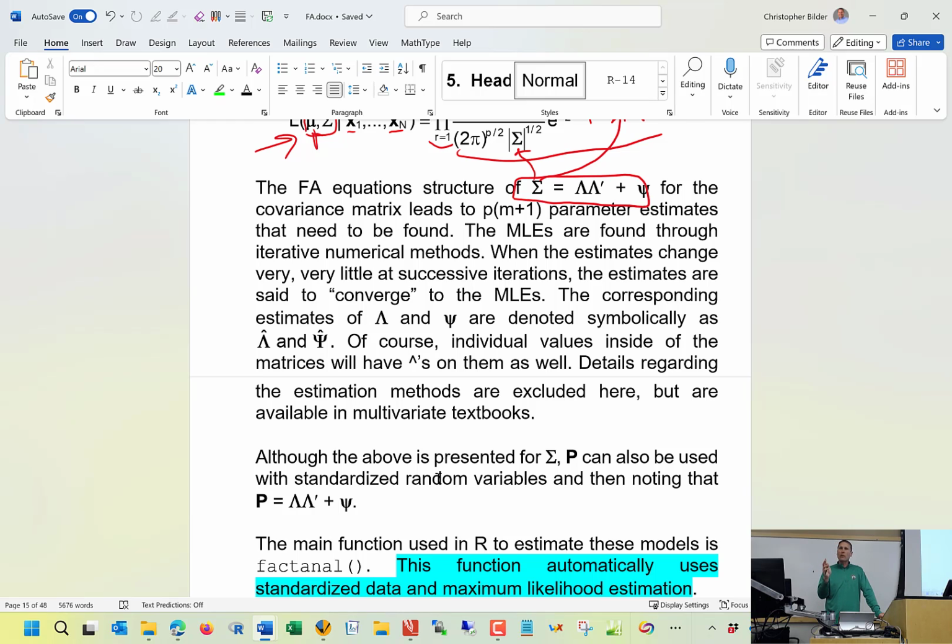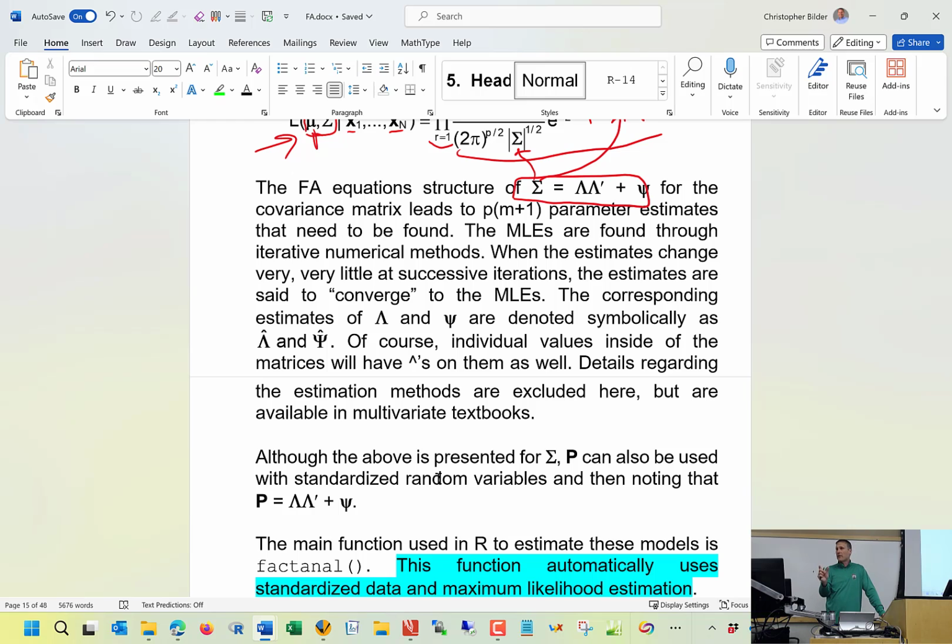If they're not close to one another, then I'm going to put this back into my Newton-Raphson procedure, or whatever numerical iterative procedure one wants to use, and come up with some even better estimates for the lambdas and better estimates for the psis, and then compare these better estimates to what I just had previously.